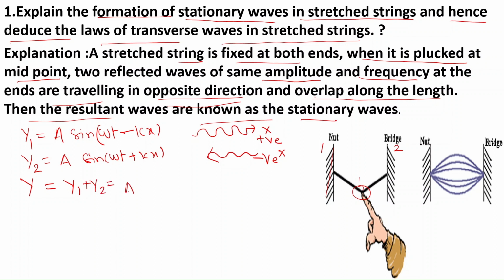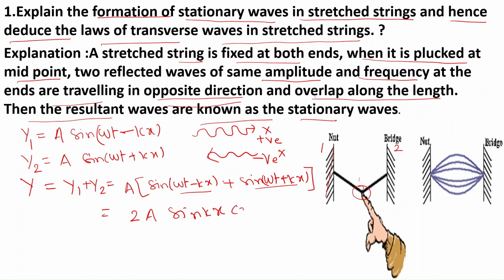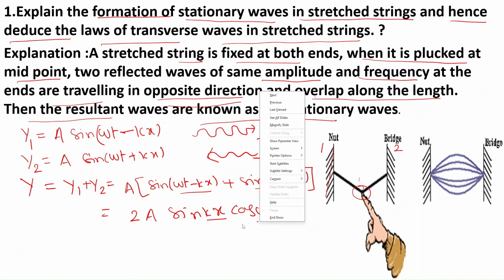This implies, taking a common, a times sin(omega t minus kx) plus sin(omega t plus kx). This formula looks like sin(A minus B) plus sin(A plus B). Then it becomes 2a sin(kx) cos(omega t). Here this is the kx term and this is the cos omega t term.